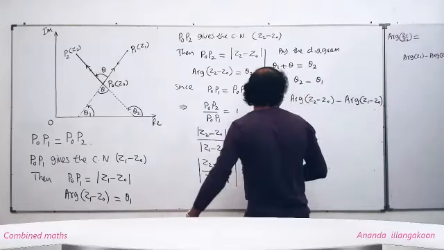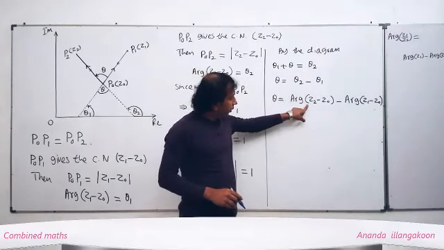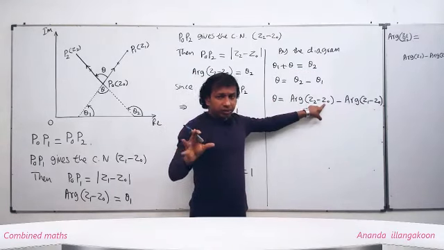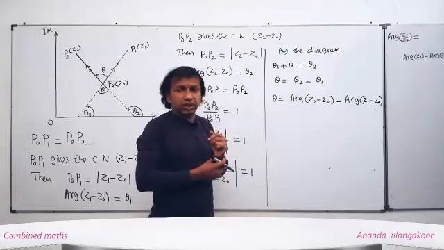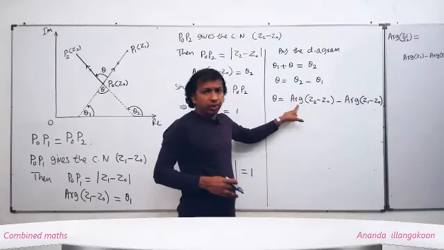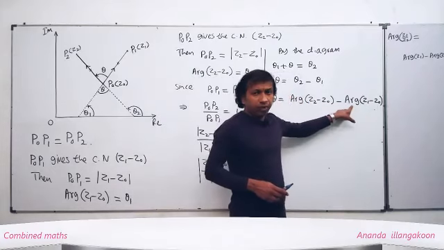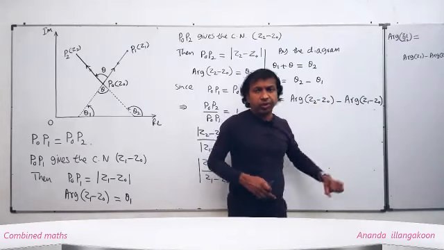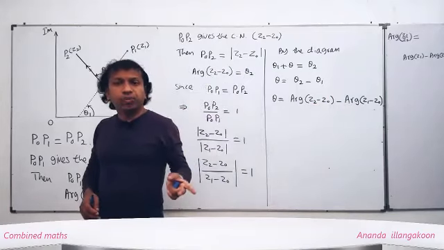Then here also, this Z2 minus Z0 is a complex number. At the very beginning of the lesson, we said the difference of two complex numbers is another complex number. No? Then this is a complex number, its argument here we have. Minus this is another complex number, its argument here we have. Then on the right hand side, what we have? The difference of arguments of two complex numbers.